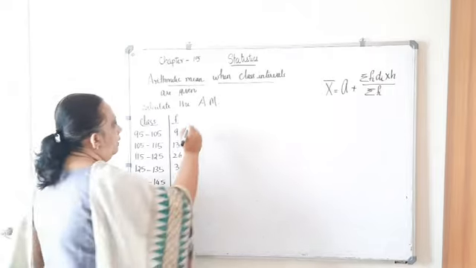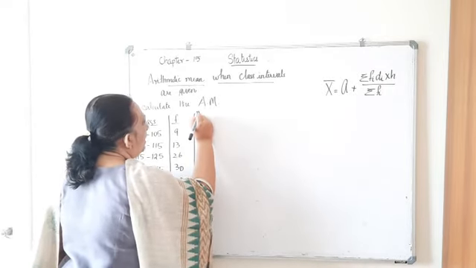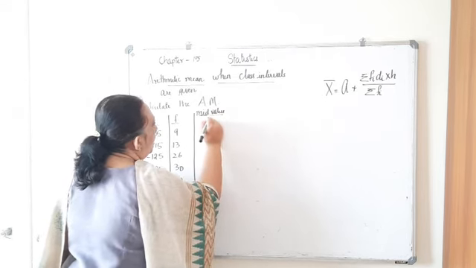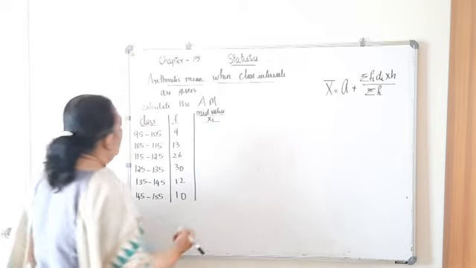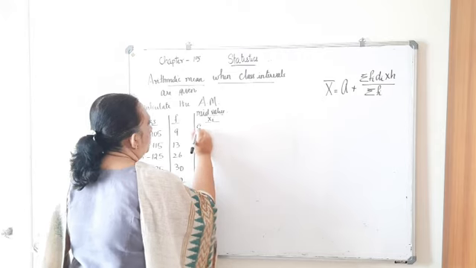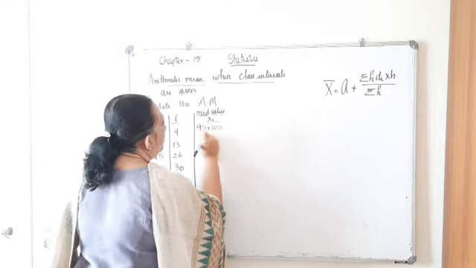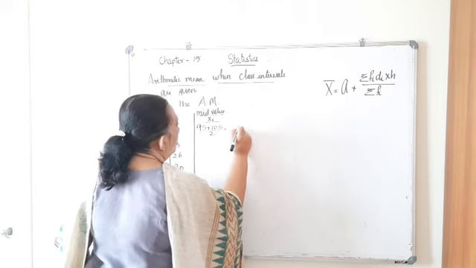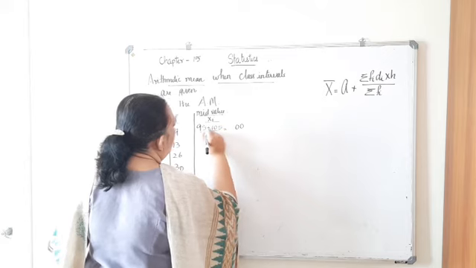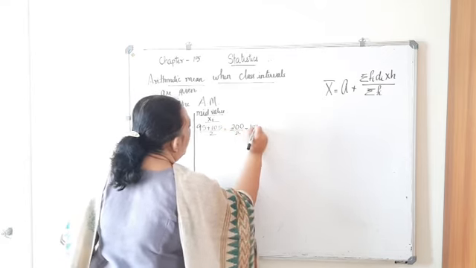Now you find out the middle values, that is called the xi values. 95 plus 105 divided by 2, 200 by 2, is equal to 100.